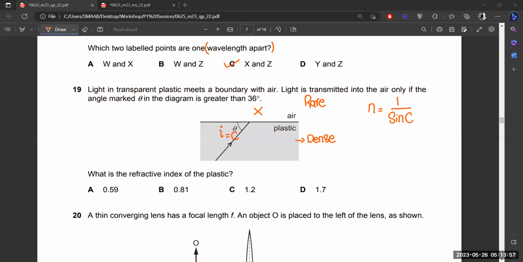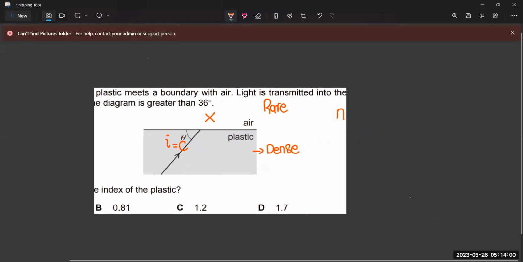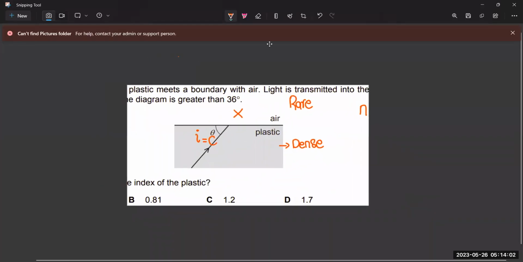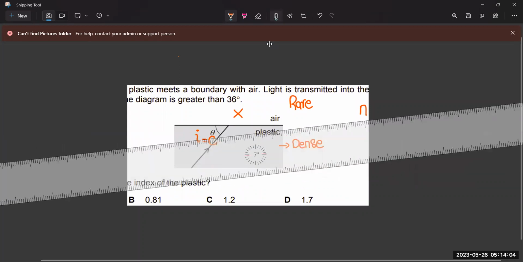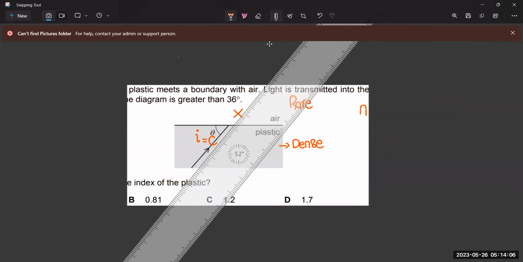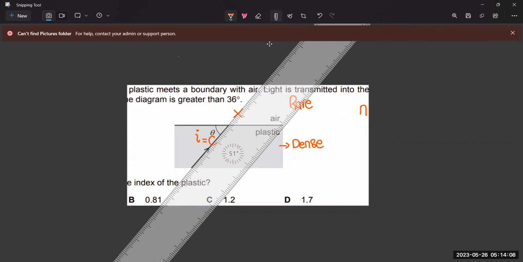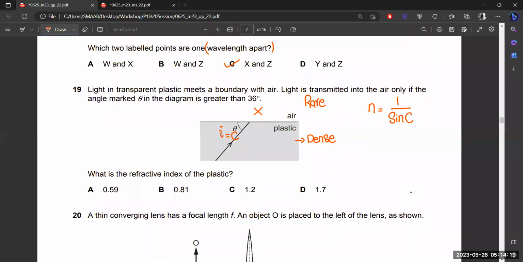Okay, let's check out the screen over here. Let's try to measure the angle. Yes. So basically the angle of incidence is equal to 51. Let's again move to our question. This is an angle of 51 degrees. So now we can easily find it with 1 over sine 51.